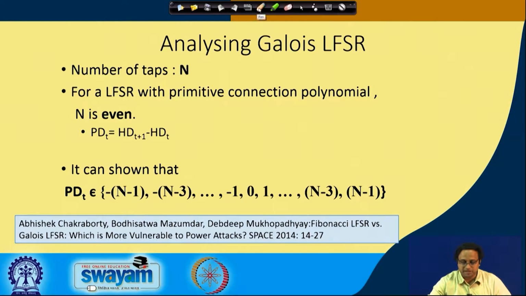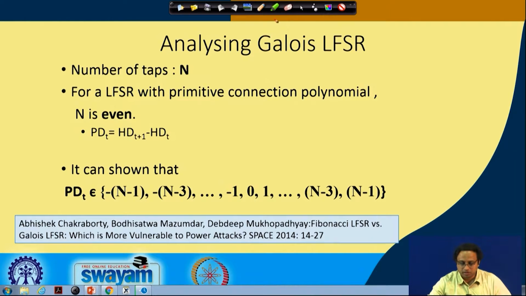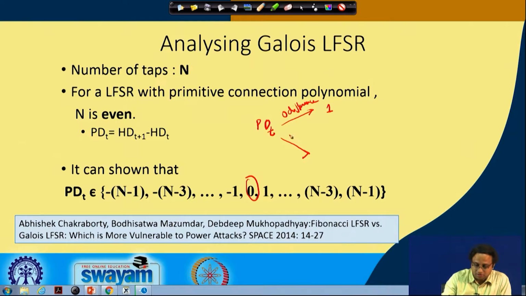So, that implies that in a similar way, if I take the PDT value and find out the zero difference case, there is one zero difference case, whereas there are many non-zero difference levels, okay.